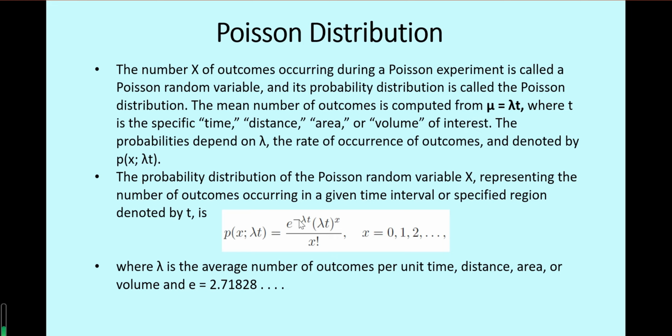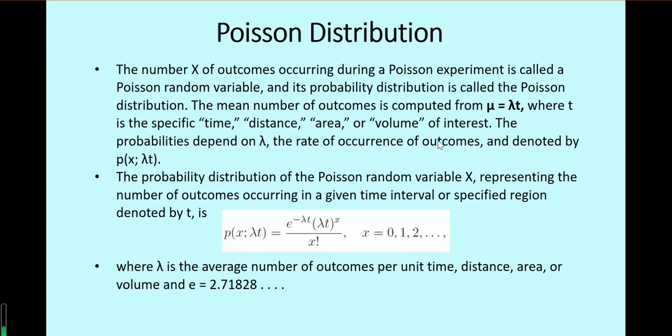For example, if we know there is an average of 1.5 occurrences in 1 hour, then for 10 hours lambda t will be 15. So the next part is 15, with power 2 here. This formula is called the probability of a Poisson random variable with parameter lambda t.